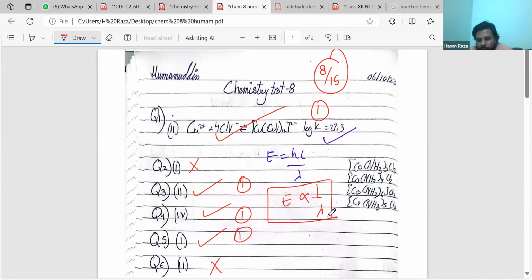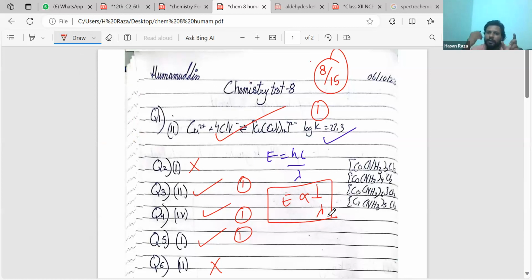So energy of what? Since we are studying complex compounds, it is talking about the crystal field stabilizing energy, and that energy will be maximum for the ligand which has a strong field.